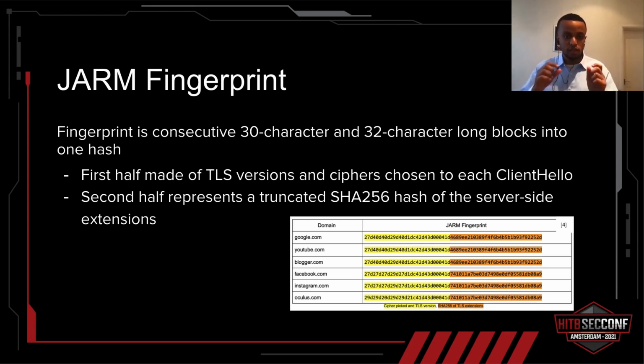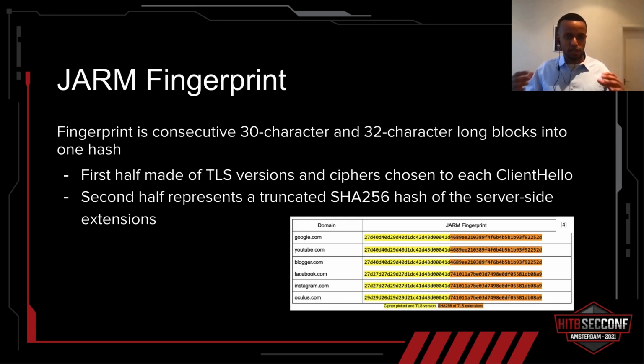So each of these 3 characters represents the one response for that specific hello packet. And the second block is the SHA-256 hash of the TLS extensions. So this is a truncated version. It's not the complete version, but that makes up that second block. And then when you concatenate these together, you have that 62-character block that is the JARM fingerprint.